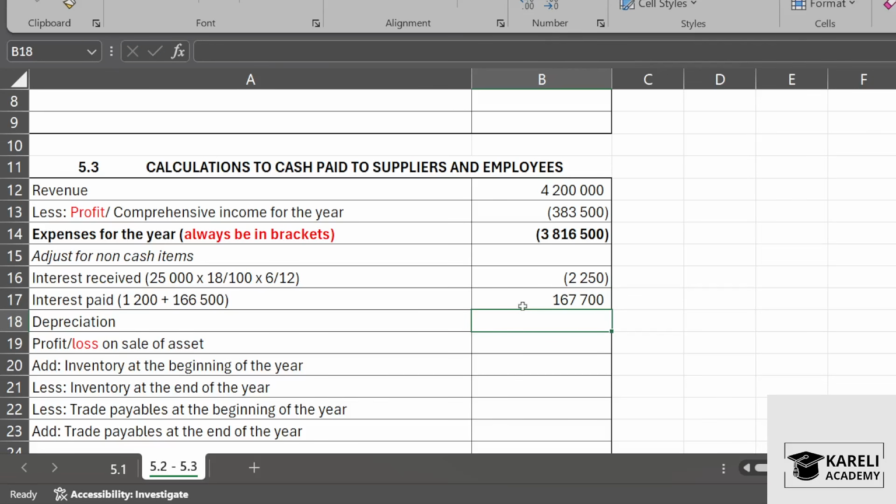It gives us 167,700. Now it's an expense, it remains positive.